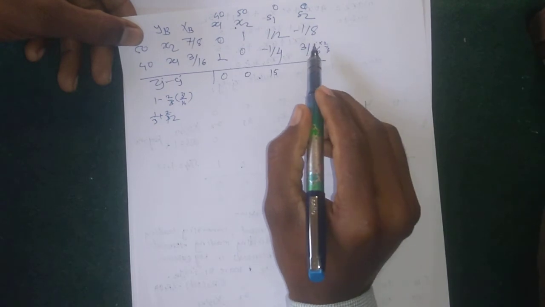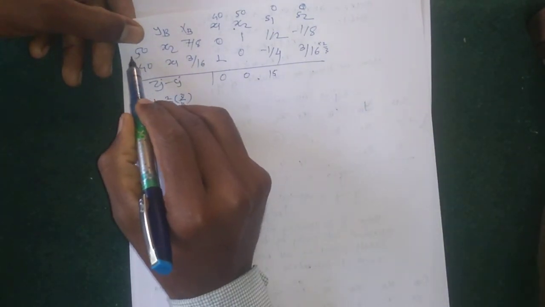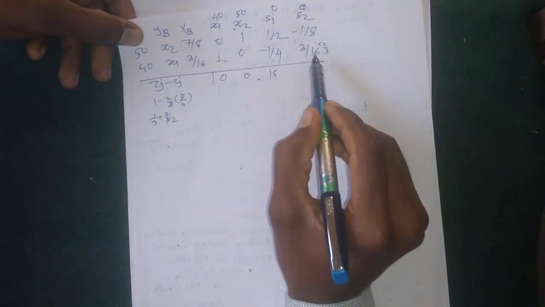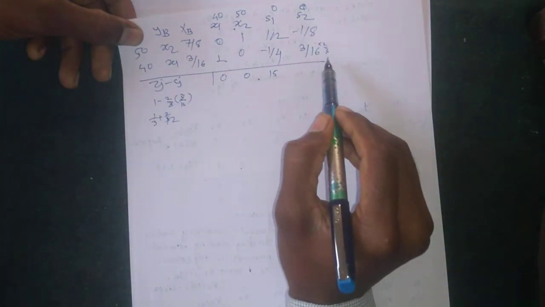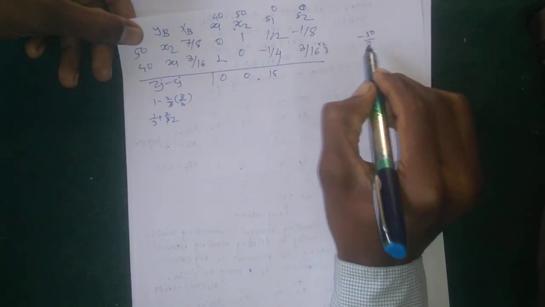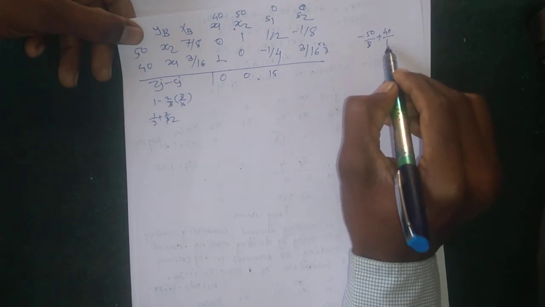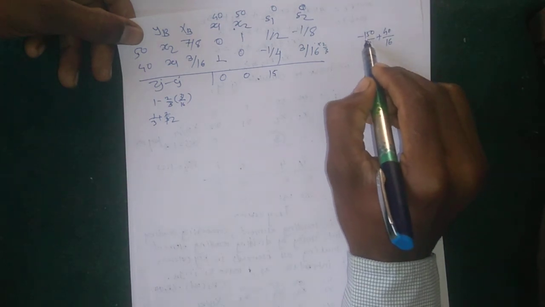Then here, minus 15 by 8 plus 120 by 16. So finding there minus 50 by 8 plus 40 upon 16. So multiplying here 200.